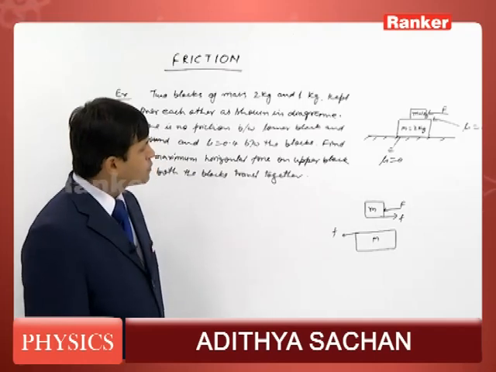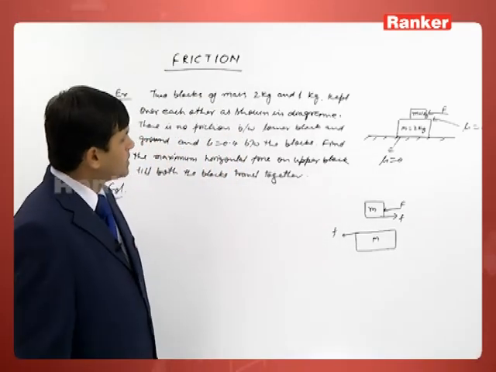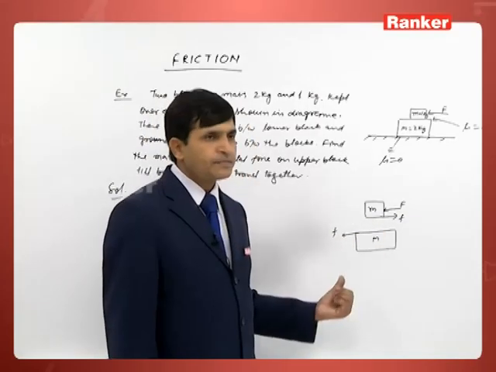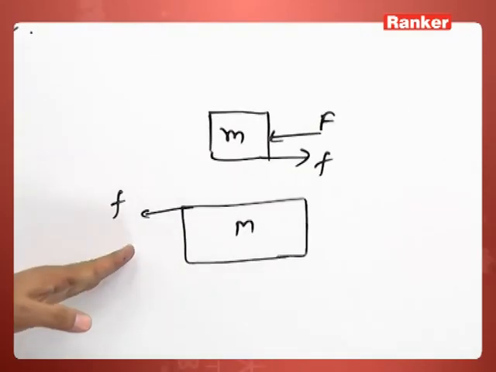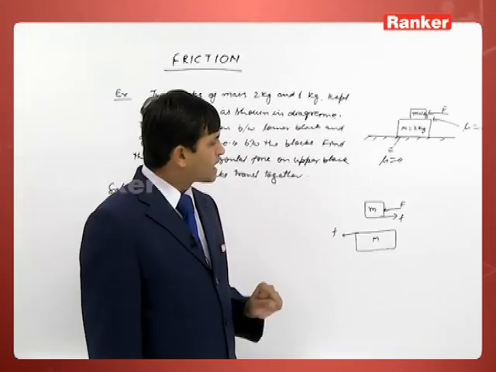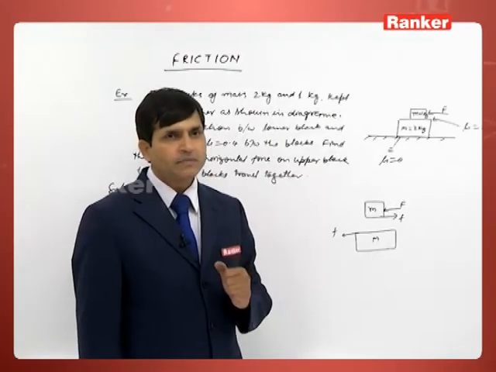Now, if these two blocks move together, that friction will be static friction. And the relative motion will start as soon as the friction force between them is maximum.